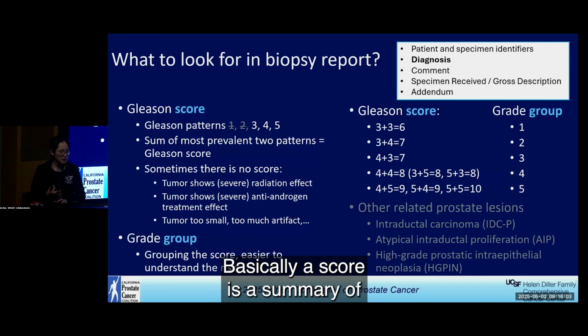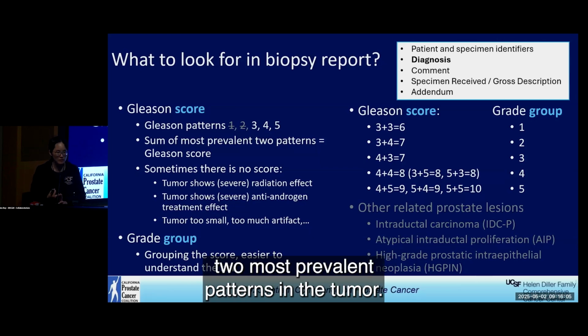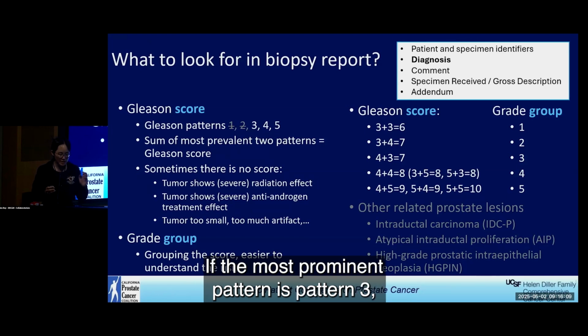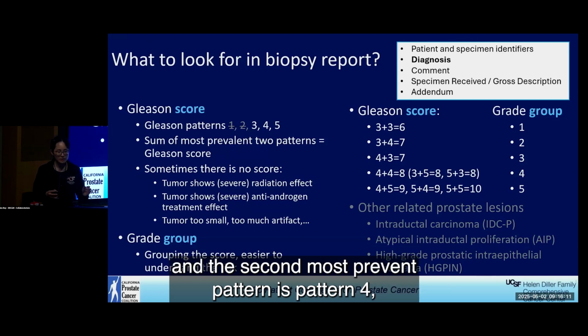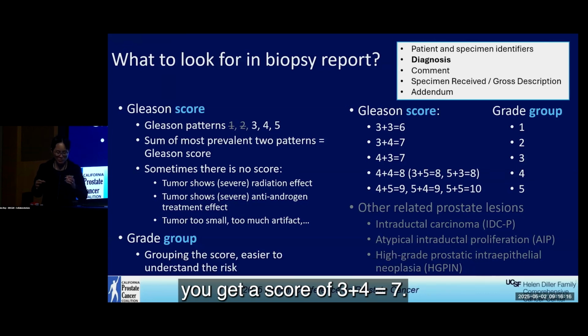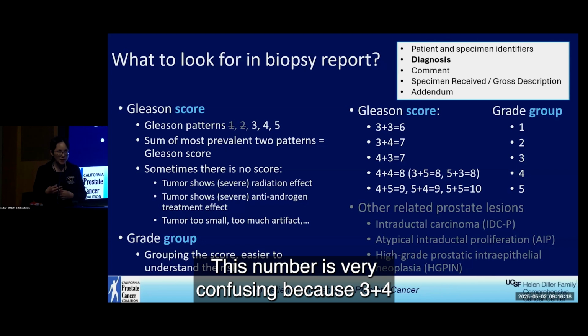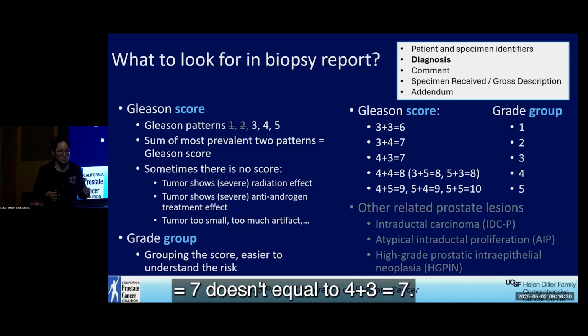And basically a score is a summary of the 2 most prevalent patterns in the tumor. So if the most prevalent pattern is pattern 3, and the second most prevalent pattern is pattern 4, you get a score of 3 plus 4 equals 7. And this number is very confusing, because 3 plus 4 equals 7 doesn't equal 4 plus 3 equals 7. They are pretty different.